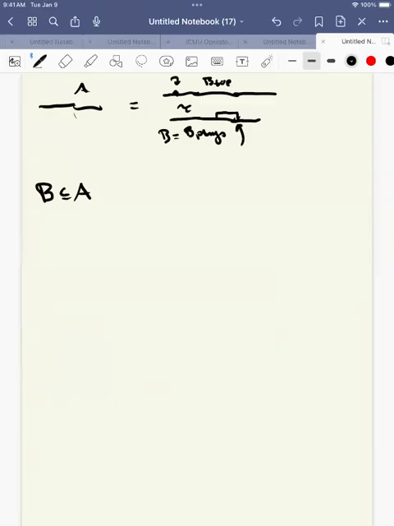So the goal is this: if I'm in this abstract situation where A is just the tensor product of matrix algebras, then given B a subset of A, when does it come from a SymTFT decomposition?